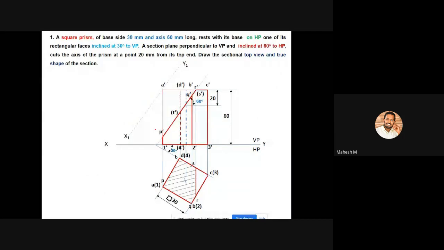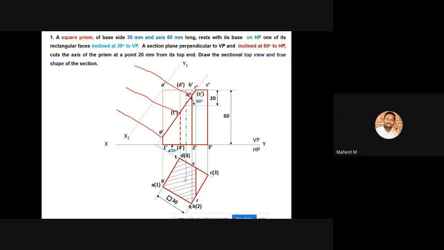That means you can project P dash with a perpendicular line, and also you can project T dash with a perpendicular line, and also you can project Q dash with a perpendicular line. Then here we have 2 points that can be marked as R dash and S dash.